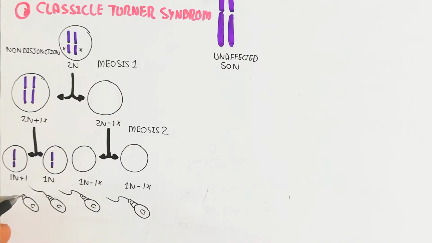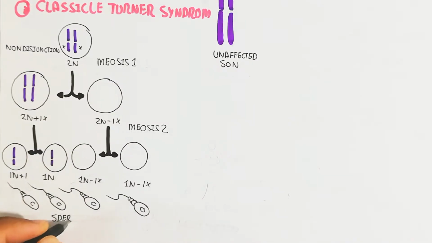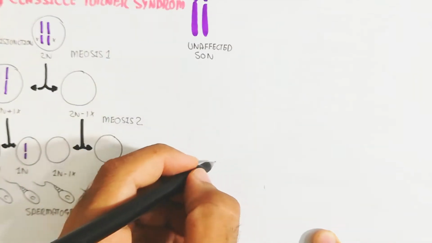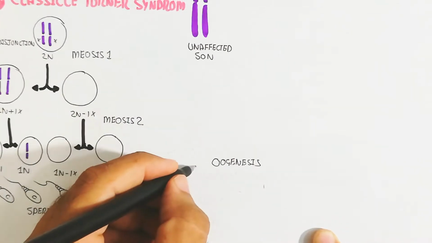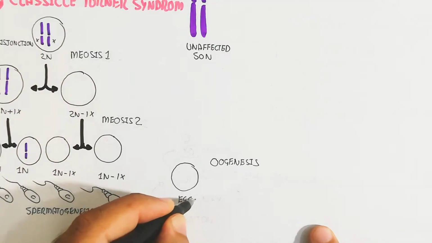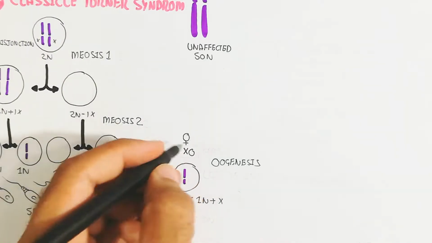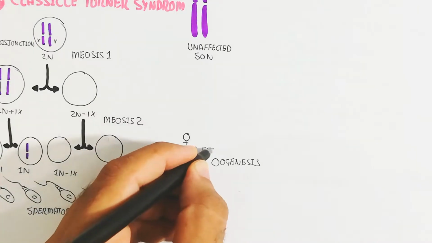After this, the sperm containing the missing X chromosome is produced through spermatogenesis and will be fertilized with the egg. So the egg contains a normal X chromosome, but the sperm is abnormal. It means the X chromosome is not present, but it can still produce a female.